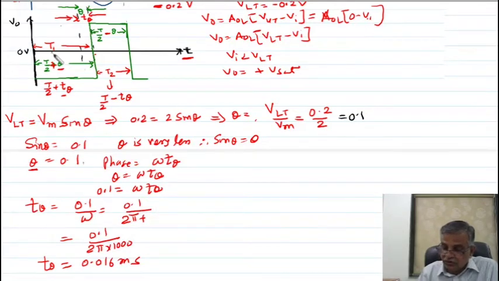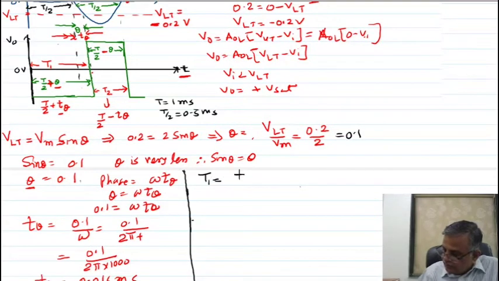Now what is your T1? You know what your T1 is. Look here, T1 is nothing but T by 2 plus t theta. So it is 0.5 millisecond plus 0.016 millisecond, so my answer is 0.516 millisecond.